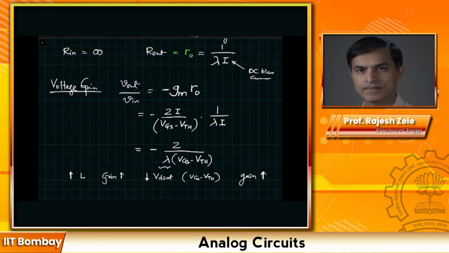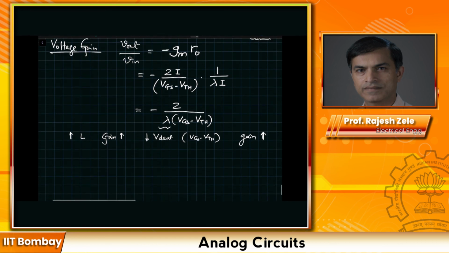However, you really get a lot of gain in the bipolar case because the early voltage is 100 volts or so, and you divide that by 26 millivolts. So that gives you a lot of gain from the transistor by itself. As soon as we have a load resistance here, the voltage gain of this stage will be limited to minus gm times RO parallel with RL.